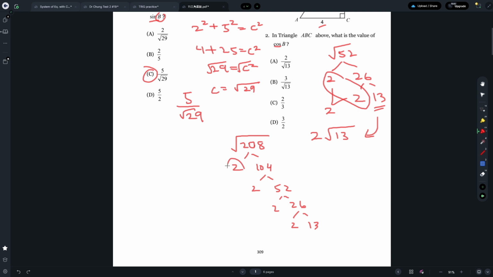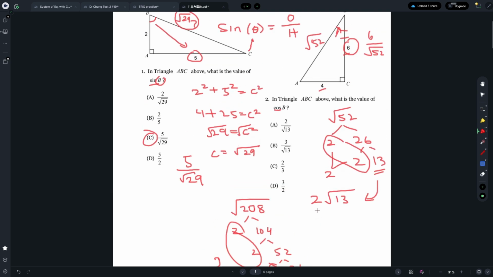If we had it like this, we would have to group these two, and then this would become one 2, this would become one 2, and what you would do is just multiply them, so that would become 4. All right. So 2 root 13 is the number on the denominator, so it'd be 6 over 2 root 13, and 6 and 2, you can divide 6 by 2 and make it 3 over root 13. So that would be B.